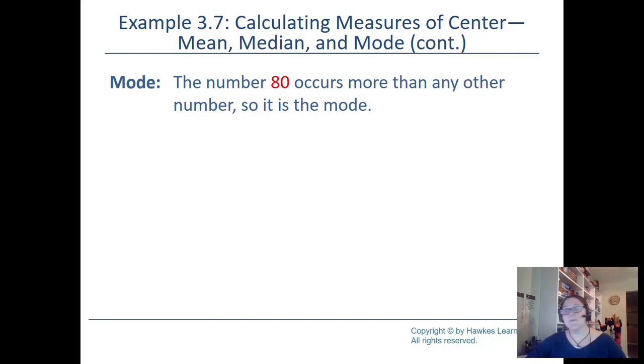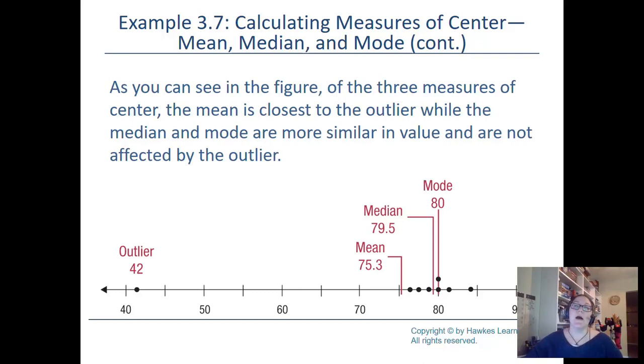Mode, the calculator will not help you out. For this one here, 80 happens to occur more than any other one, so that is the mode. Now, I went ahead and put out a dot plot for all of those items we just looked at, and as you can see in the figure, of the 3 measures of center, the mean is closest to our outlier. Basically, 42 is a little bit away from the rest of the data.